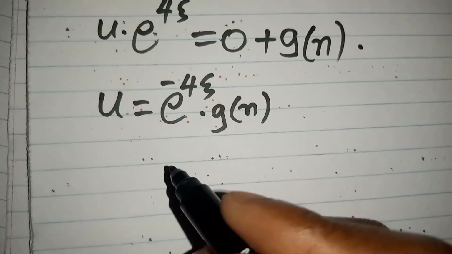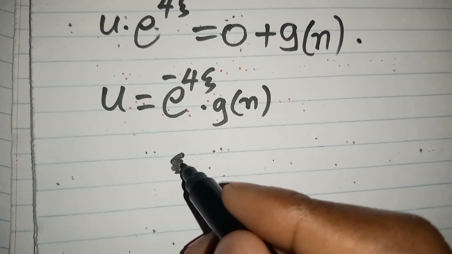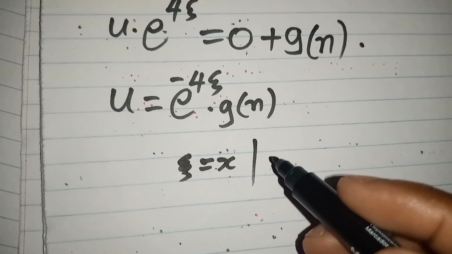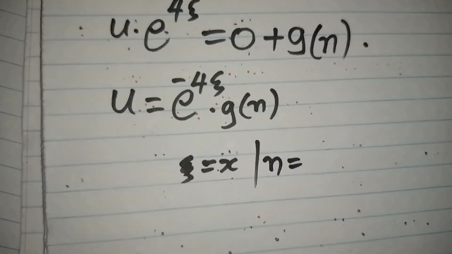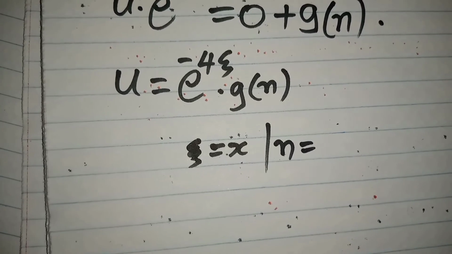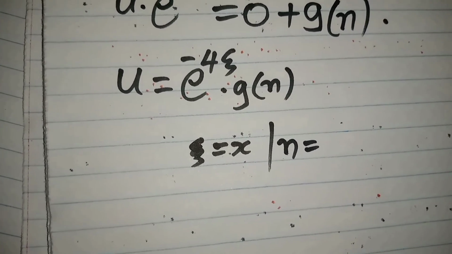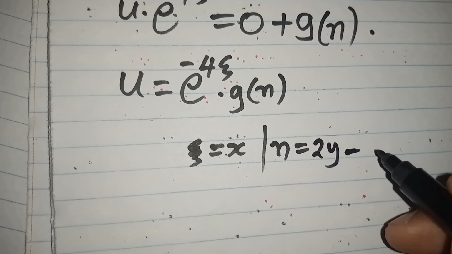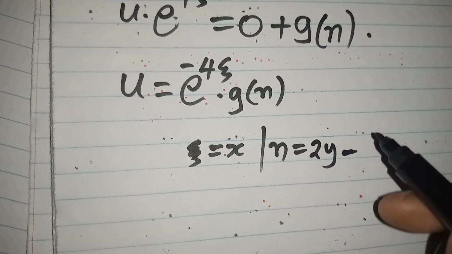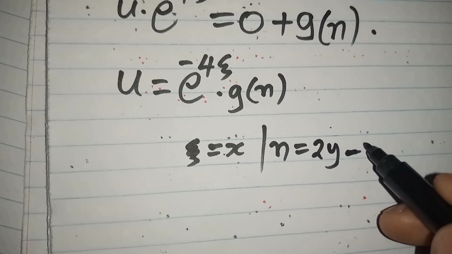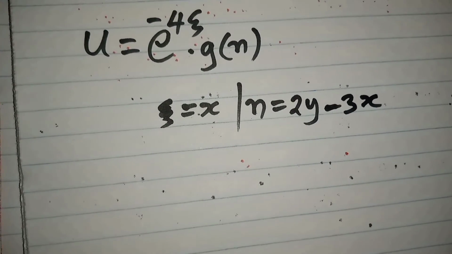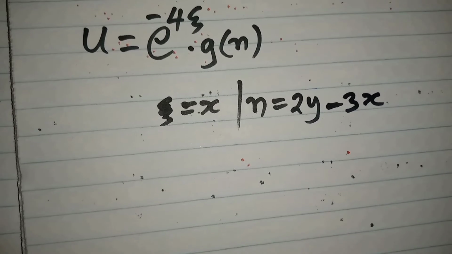Recalling that we let our xi be equal to x, and we also let our nu be 2y minus 3x.